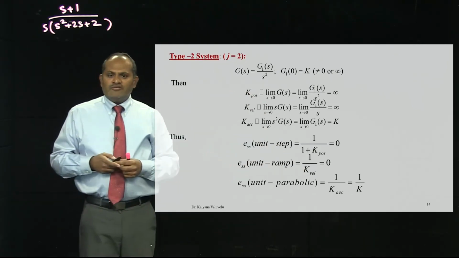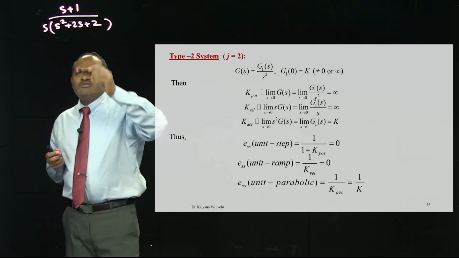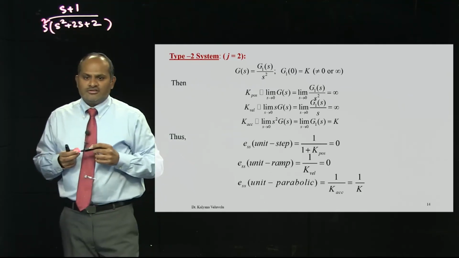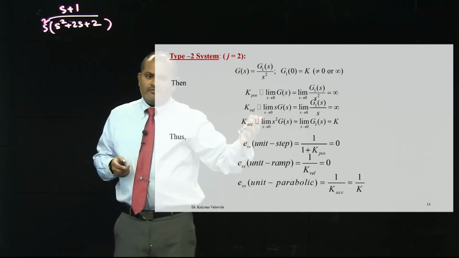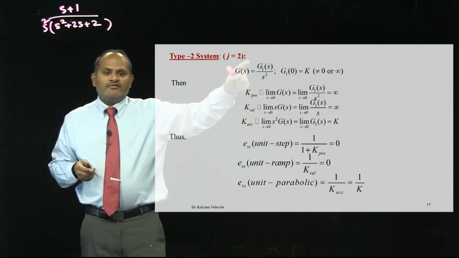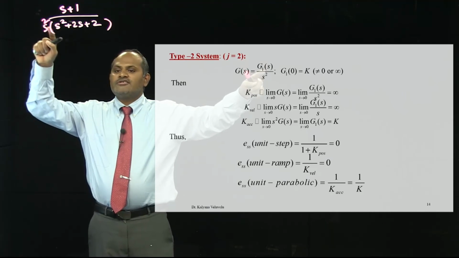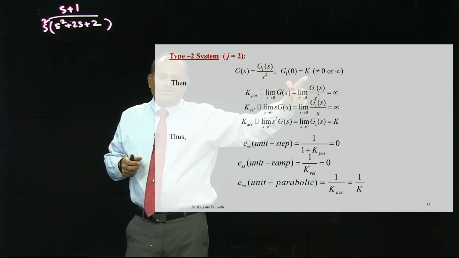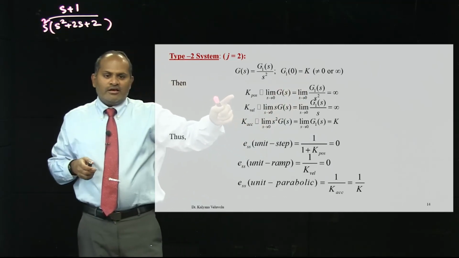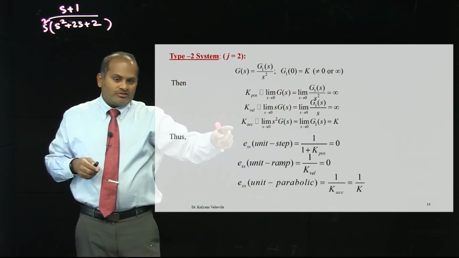Now, let us proceed with the type 2 system. Type 2 system is simple, we have two poles at the origin. If you have two poles at the origin, the error constants will be slightly different. You can separate g of s as g1 of s divided by s square, and g1 of 0 will be some constant. In the same way, we can calculate K position, K velocity and K acceleration.